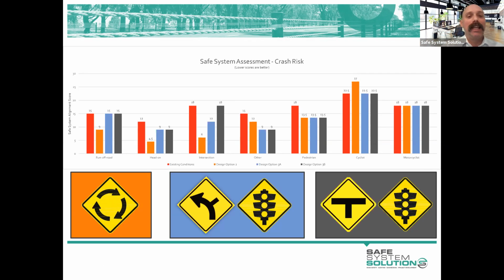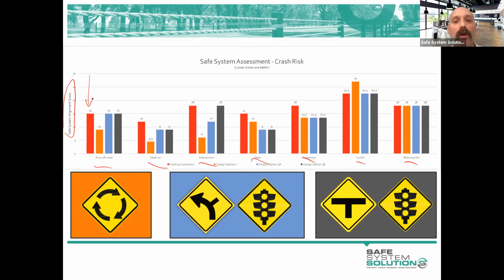What you can see here is that each of these clusters of bars is a crash type: run-off road, head-on, intersection, other, pedestrian, cyclist, motorcyclists. And we've got some sort of score, and 0 is the best. The lower the bar is, the better the alignment with safe system principles. The red here is the existing conditions.